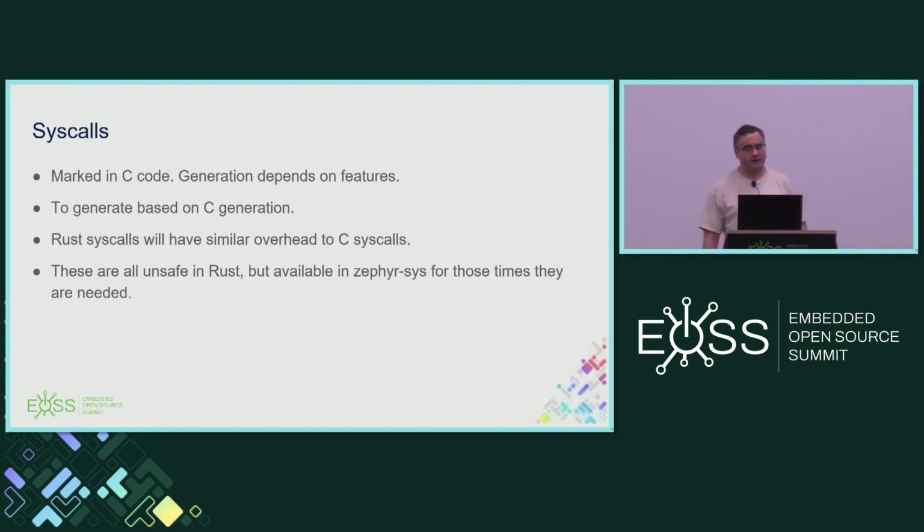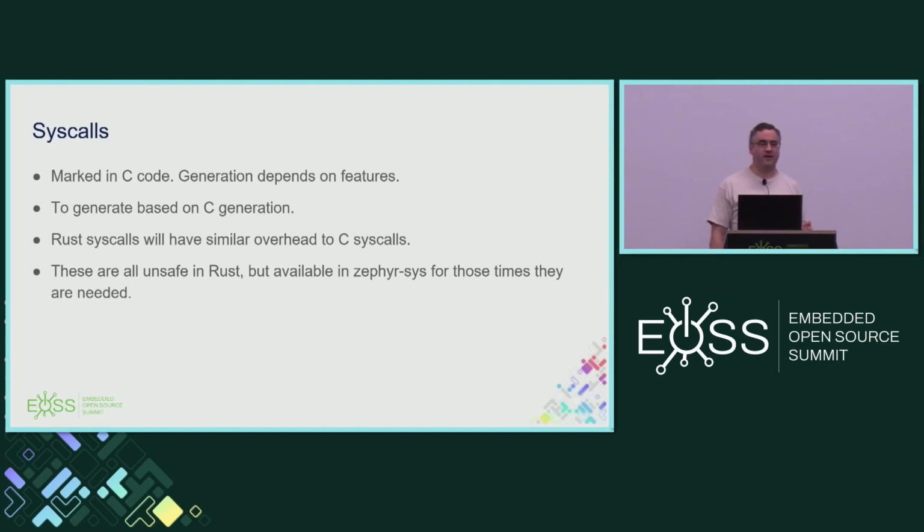But we want to generate a Rust module that has all of the syscalls that are in your particular configuration with the syscall numbers that you ended up with, because as we discussed in a different meeting, those change depending on your build. And you have this module that now you can make syscalls from Rust, and they should have exactly the same overhead as they would in C.